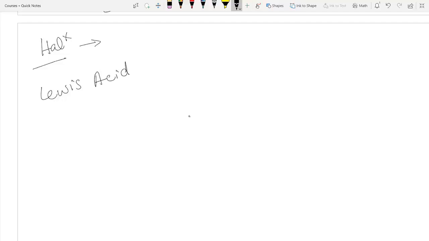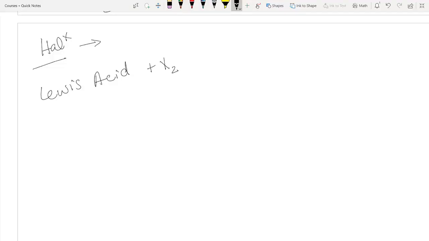With that Lewis acid, we're going to be able to do this process. In this process, you will take that Lewis acid plus the halogen itself.